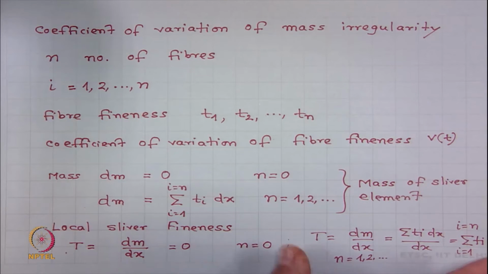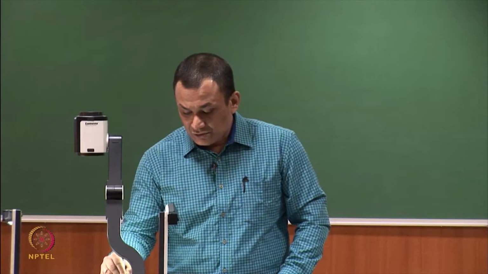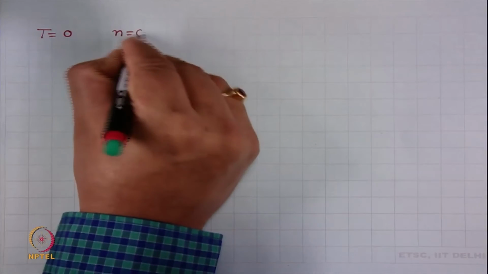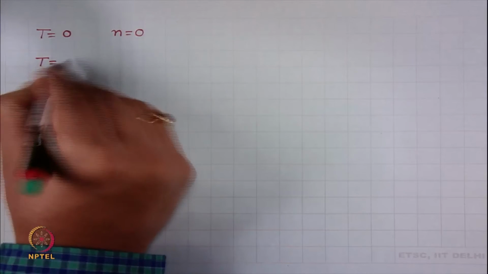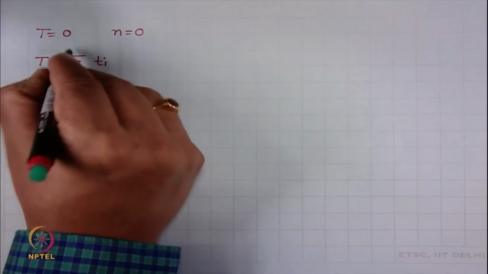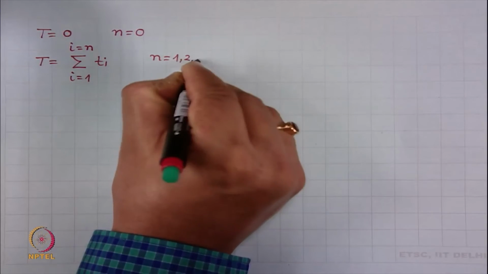right, and how is this related? T can be 0 when n is equal to 0, else T will be the summation of Ti, i from 1 to n, when n is equal to 1, 2 and so on.